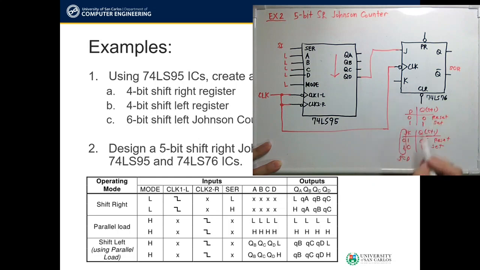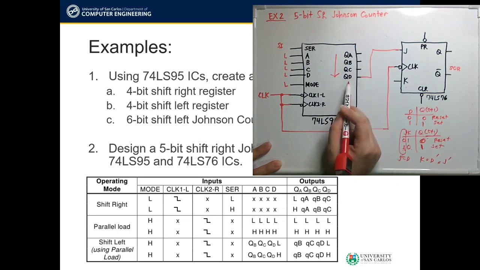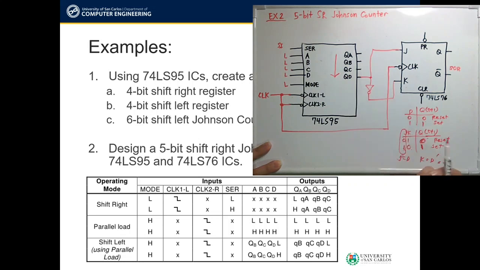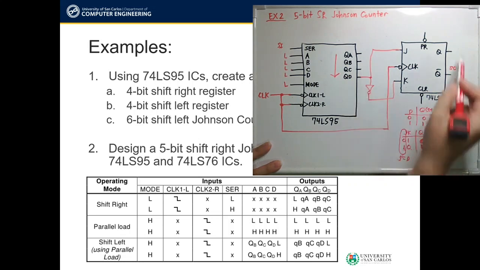And the K input, we need it as a complement of D, or the complement of J. And since we don't have a complemented output here, we might after all need an inverter to connect that to our K input. So now this functions as a D flip-flop.